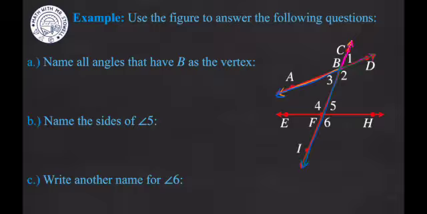So let's go ahead and name a few. I'm not going to name all of them, like it says. I'm going to name just a few of them. So connected to angle B, we have angle ABC. Notice B is a vertex, so it goes in the middle. We have angle CBD.